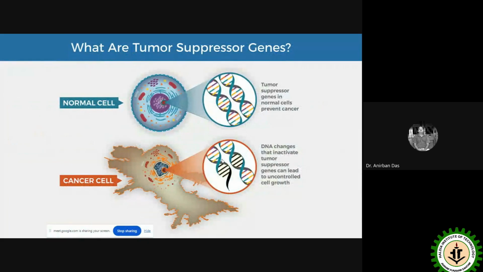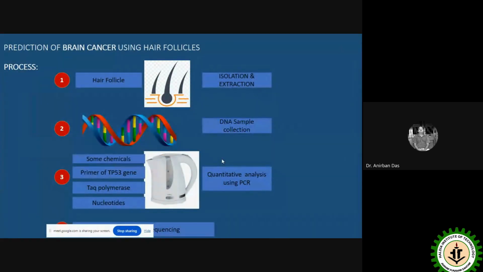Now the thing is, we have gone for one PCR technique where one electric kettle will be there, and hair follicles are collected from a human. By going for the polymerase chain reaction, along with some Taq polymerase, some nucleotides, some other chemicals, and some gene primers, those are added into that particular solution in the electric kettle.